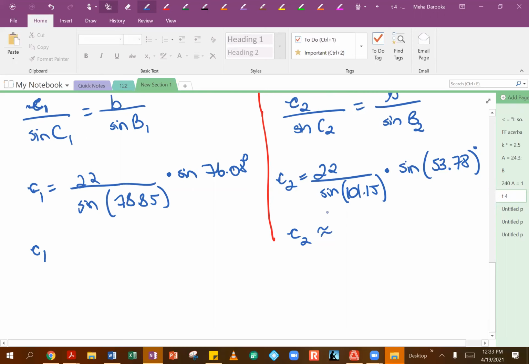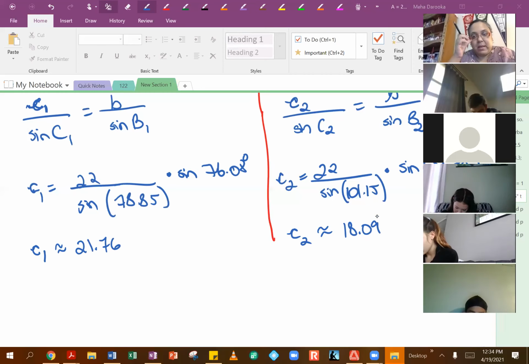And then when you put this through your calculator, we should come up with, let me see, what did I have for this guy? So he comes out to be approximately 21.76. And this guy is coming out to be approximately 18.09. And you should be able to verify those calculations, just by looking at those.